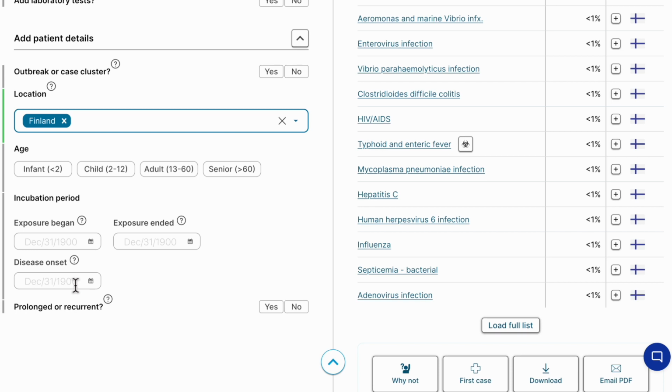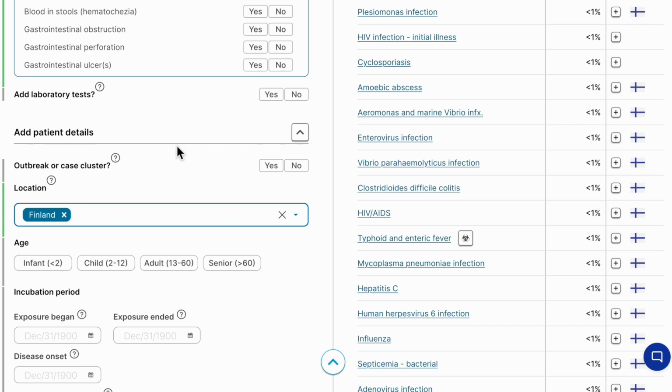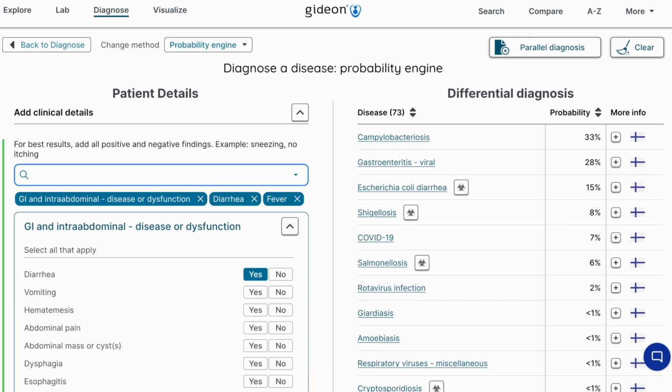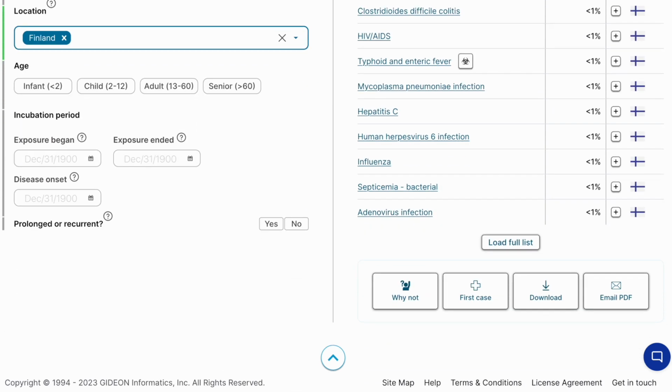Let's say we have a group of people, we can put that in as well. A group of people who ate a specific food at a banquet, let's say, and then they all got diarrhea, or many got diarrhea. And having put in the incubation periods, this list becomes extremely, extremely small. There's several other options which we need not look at now, but we can ask a question, why not?